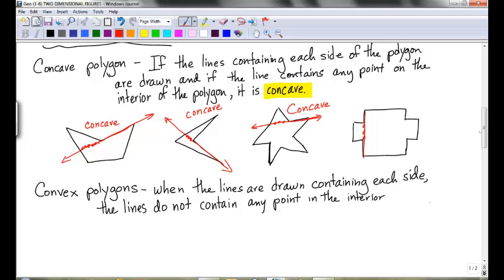Okay, convex polygons, it's when the lines are drawn containing each side. The lines do not contain any point in the interior. And those are called convex polygons.